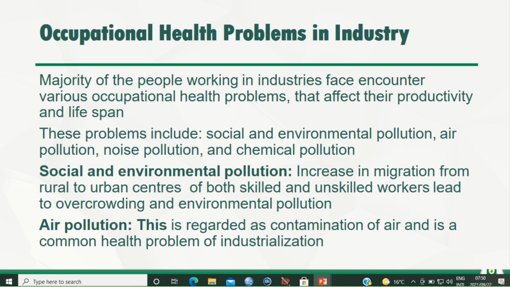As a result of this, the urban areas or towns are overcrowded with people, causing environmental pollution. Air pollution is regarded as contamination of air and is a common health problem of industrialization.